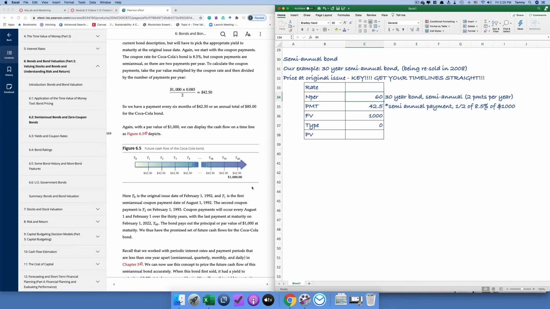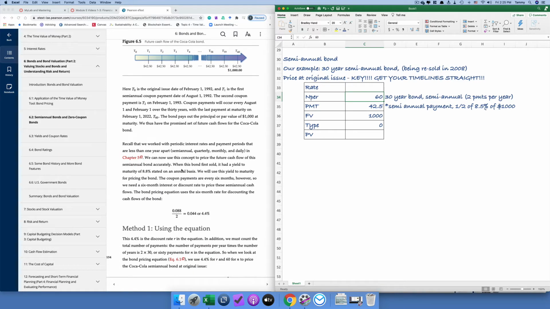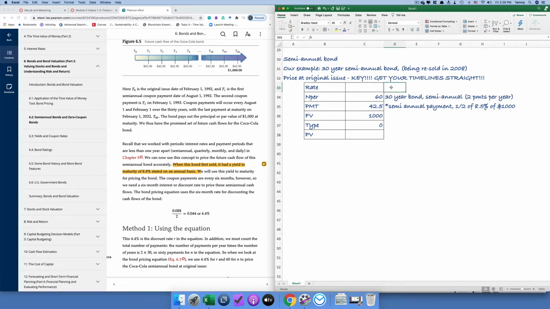And that is buried in here. When this bond first sold, it had a yield to maturity of 8.8% annually. So the rate at the original time is going to be 0.044, 1/2 of 8.8%.